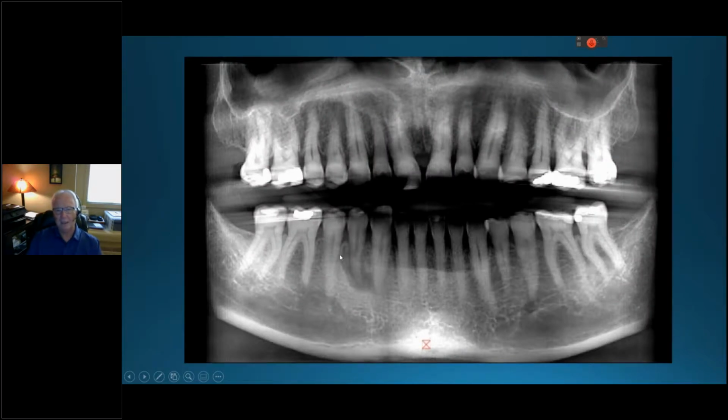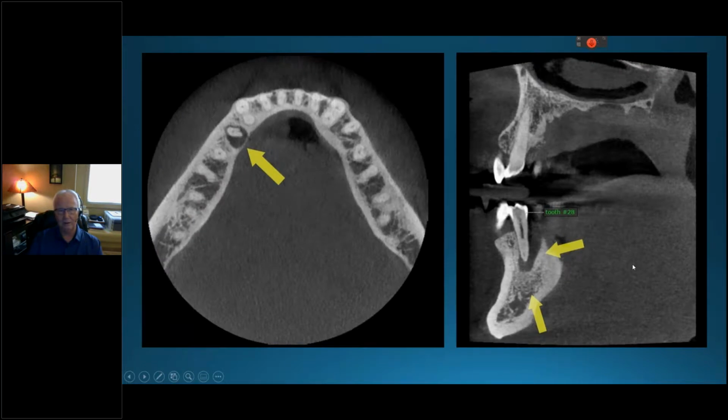So if you see a floating tooth, and if you look at this dentition, there is some minor periodontal bone loss, maybe a couple millimeters here and there, but this particular tooth, this lower right first bicuspid, has a large radiolucent lesion. It doesn't quite look floating to me, but again, this is a reconstructed pan, so we've got to look at it more precisely.